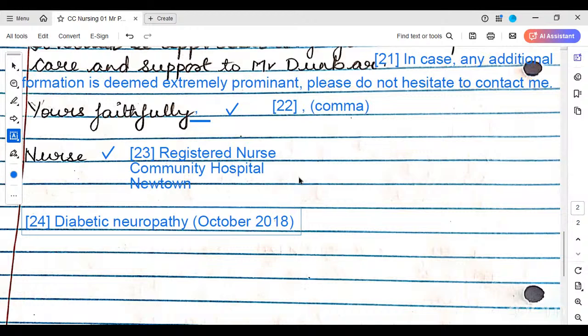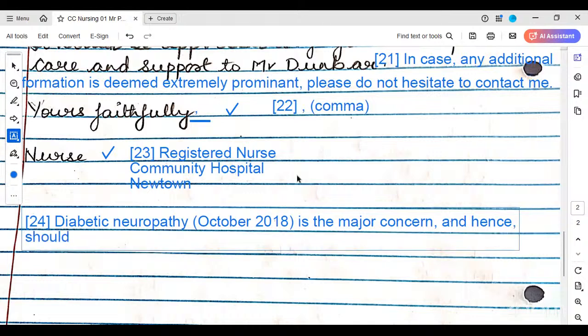Diabetic neuropathy, that's October 2018, is the major concern, and hence should be discussed in the first main body paragraph, immediately after the introduction paragraph.